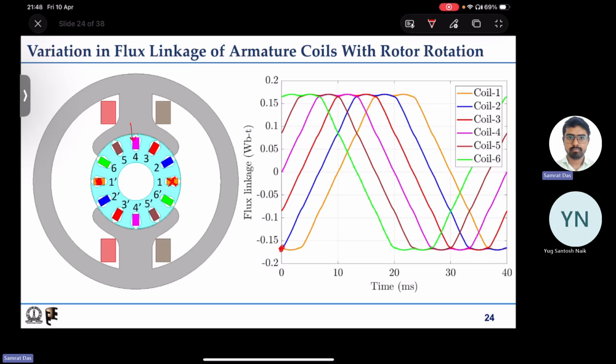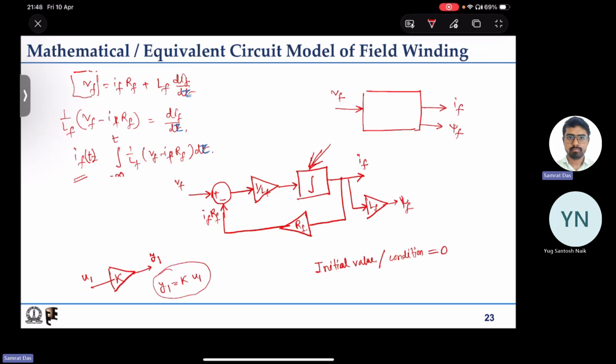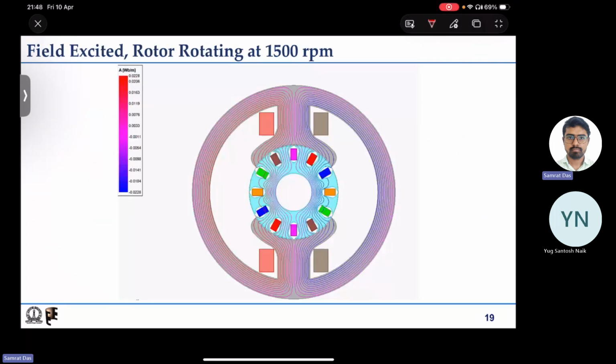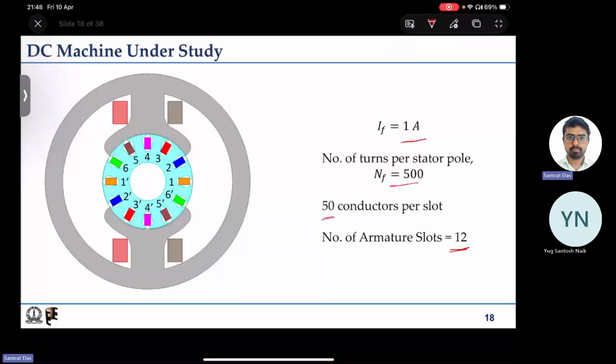So it means that if some current would be there, then it would produce some flux in the upper direction. But what was the direction that we are having? Did I mention it anywhere?